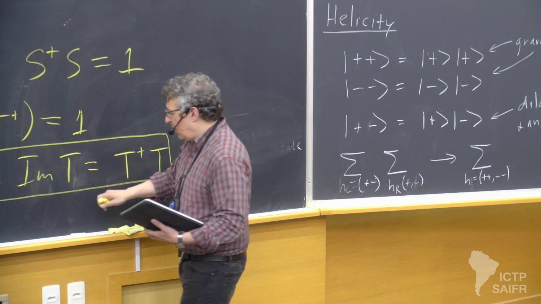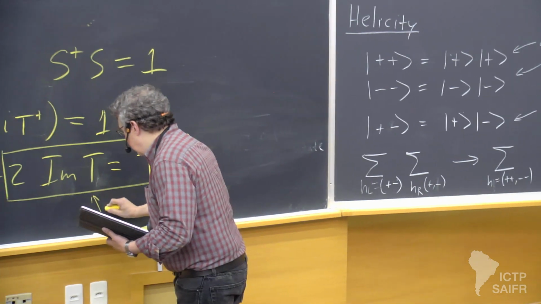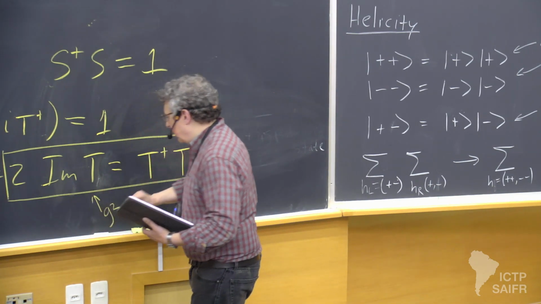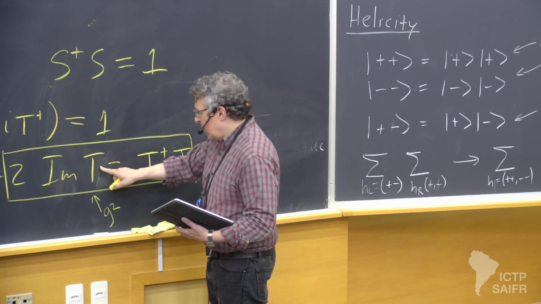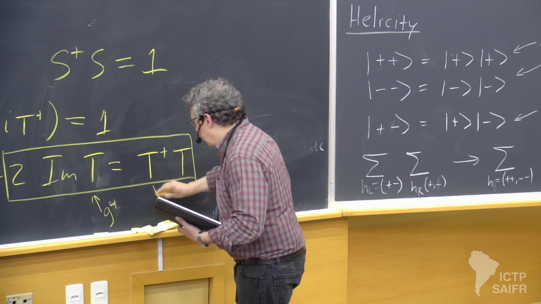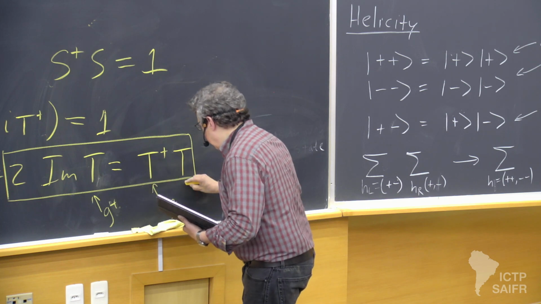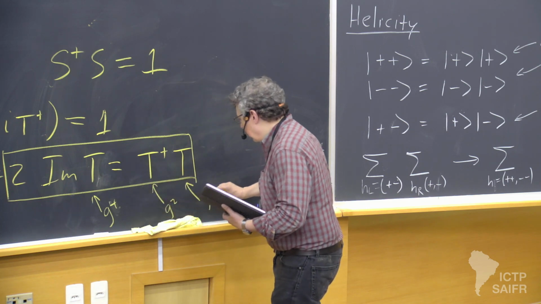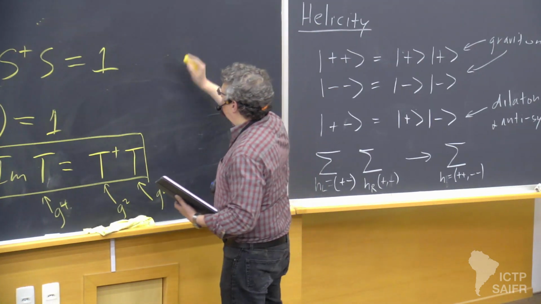So on this side, for example, let's put in some coupling G. I'll make this G to the 4th, and on this side, G squared, G squared.